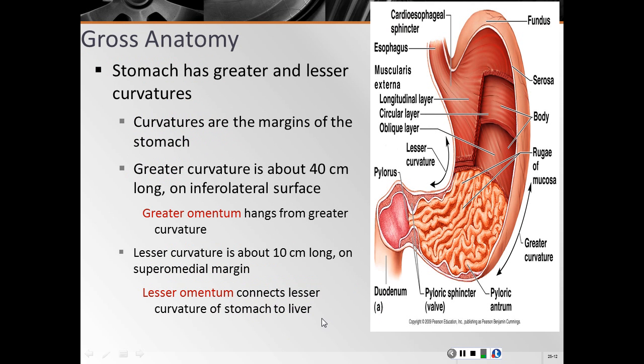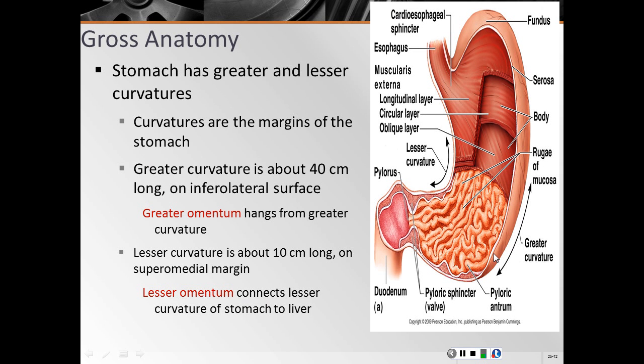Alright, so the stomach has a greater and a lesser curvature. In this diagram to your right, you'll see a lesser curvature, and then we have our greater curvature.